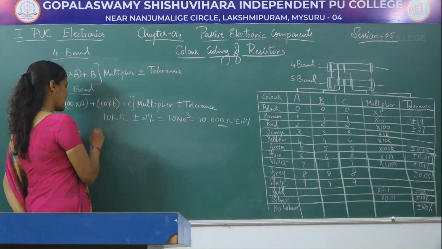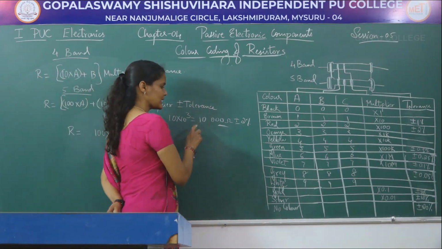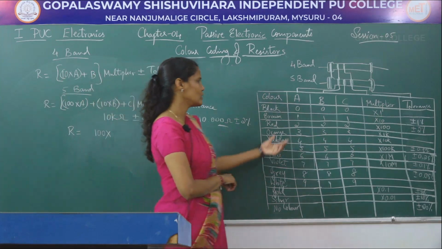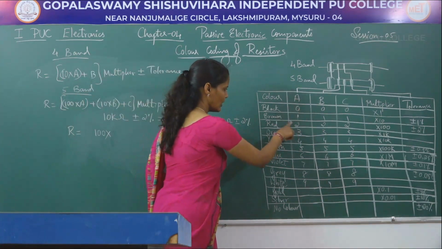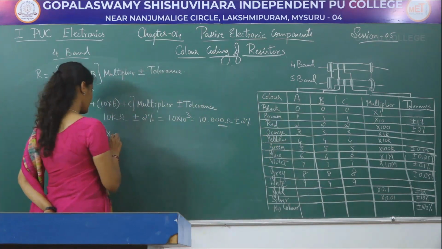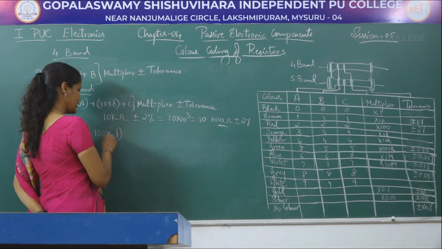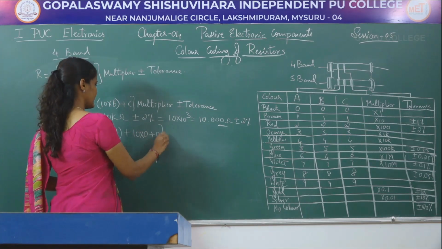So the formula is this: R is equal to 100 into the very first digit, which is 1. The color corresponding to 1 is brown. So let me first split this: 100 into 1 plus 10 into 0 plus 0.